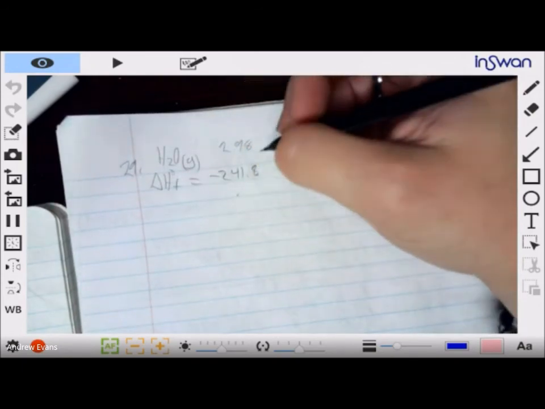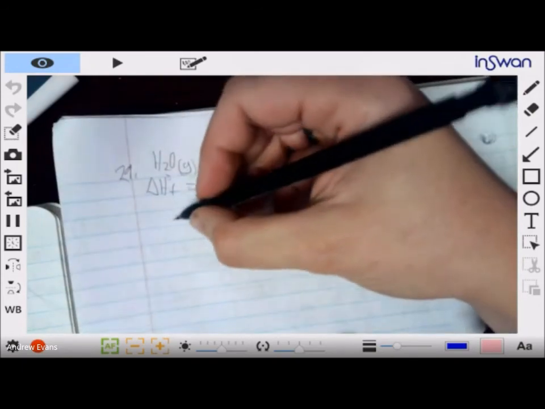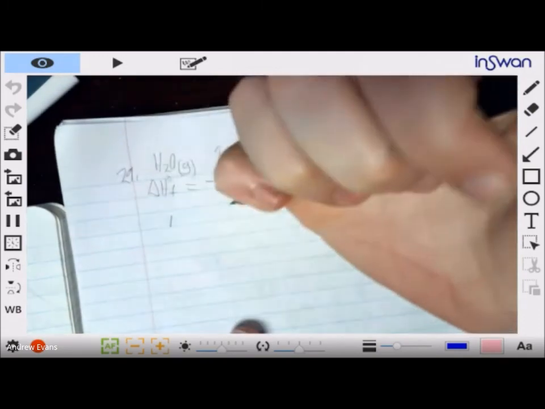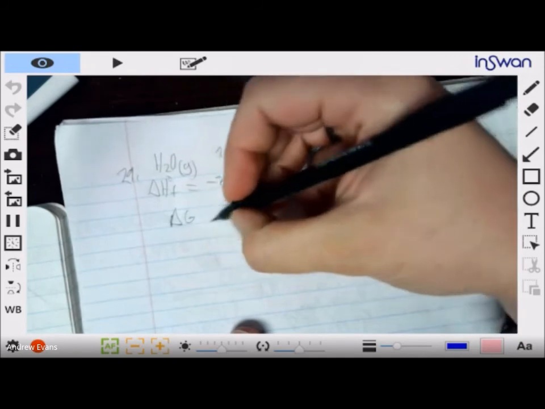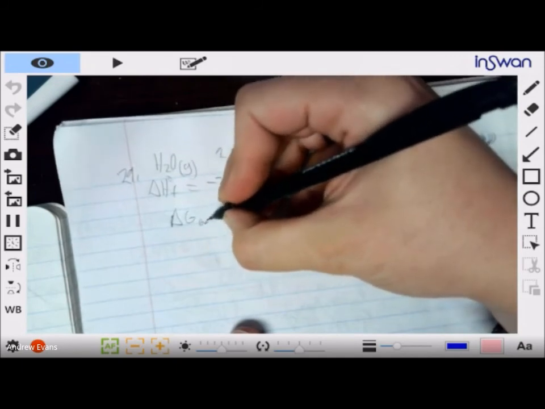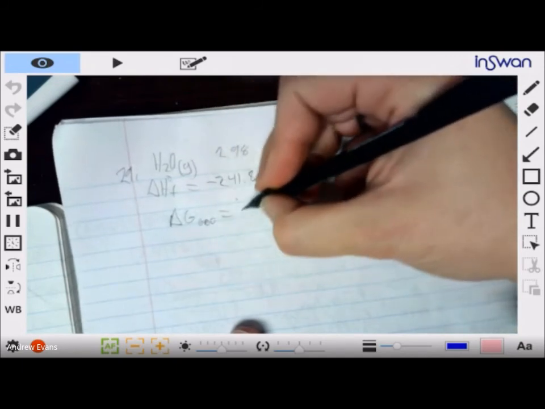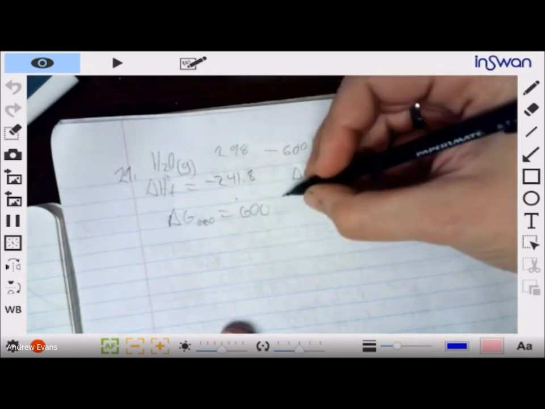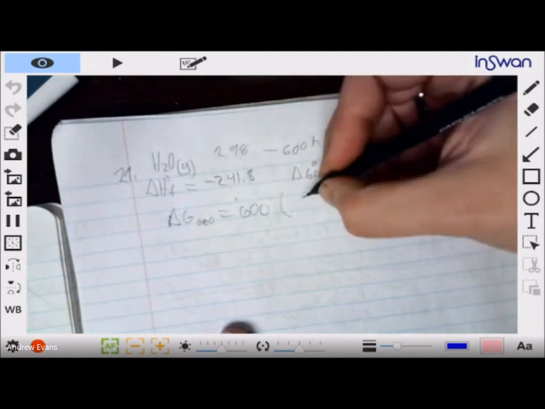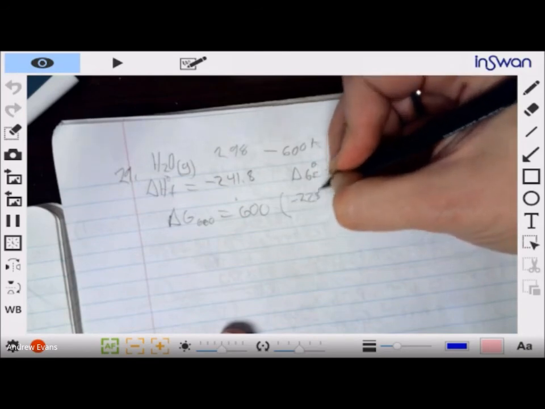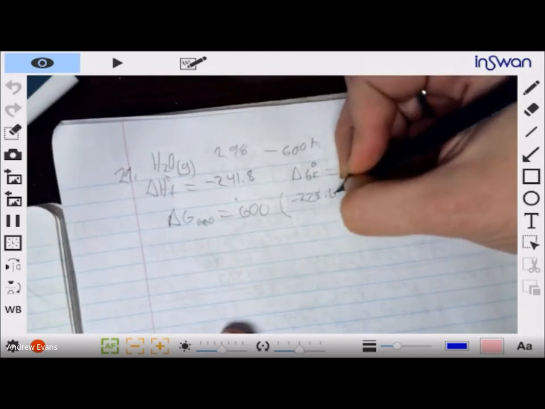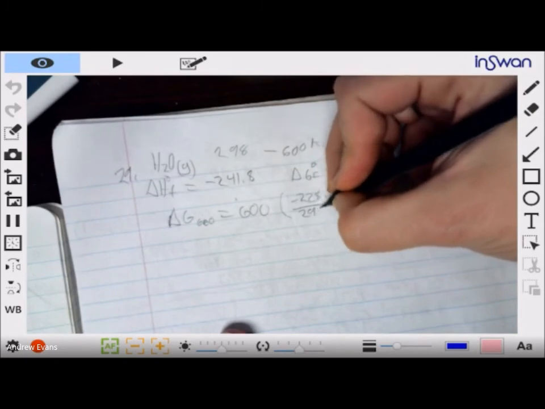After that, it's simply a matter of utilizing the equation that says our Gibbs at our desired temperature, 600 Kelvin, is going to be equal to 600 times our Gibbs at our standard temperature, 228.6, divided by 298.